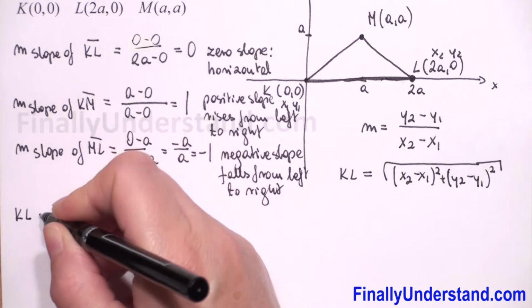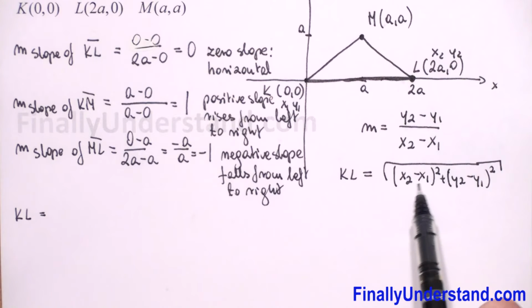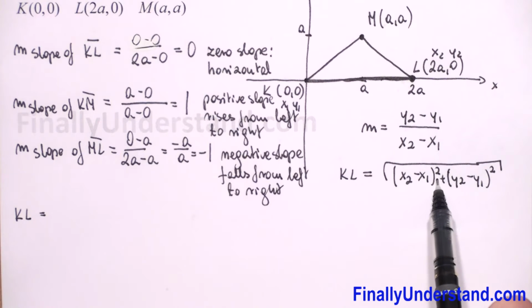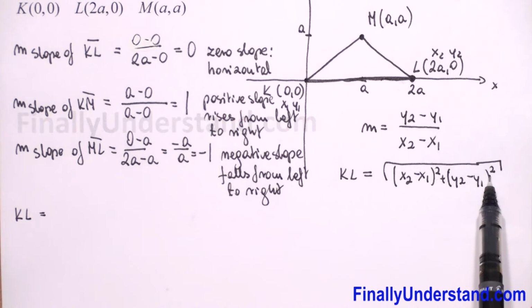So now we will find KL. So we have to subtract first x coordinates and take to second power, and next y coordinates and we have to take to second power too.